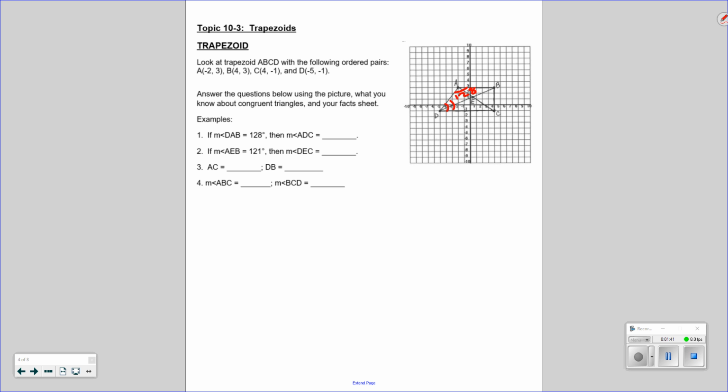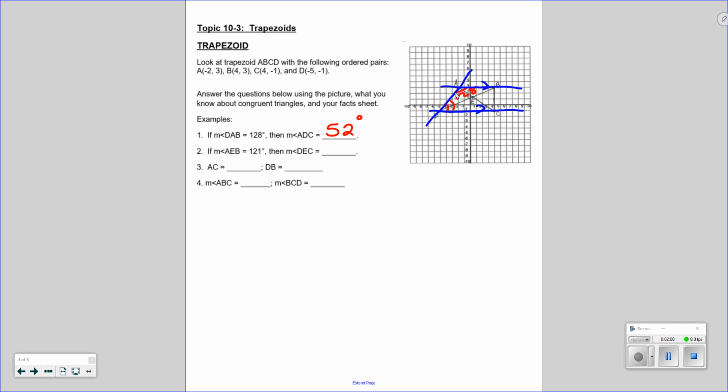Well, since AB and DC are parallel lines, the bases, and this side of the trapezoid could be the transversal, then those would be same side interior angles. So 180 minus 128 would leave us with 52 by same side interior angles theorem.